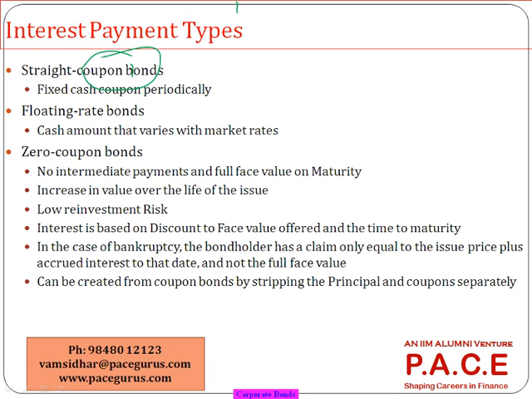It has nothing to do with the market interest rate. It's a characteristic of a bond, not a characteristic of the market. The bond may pay more interest than the market rate, or less interest than the market rate, or it may not pay anything, which becomes a zero coupon bond. So, in the case of zero coupon bonds, we are talking of no intermediate payments.